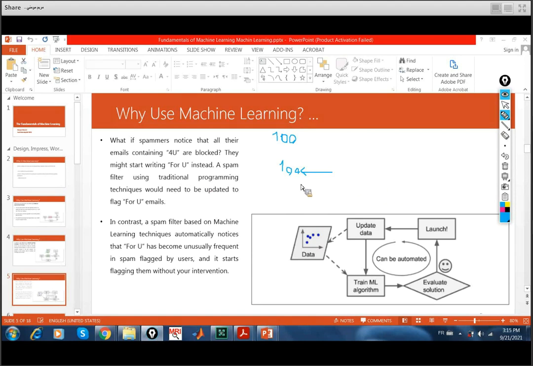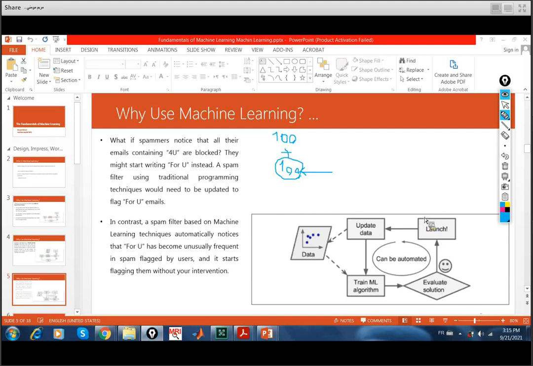In machine learning, if you have new data, you add the new data to the previous data. Because the machine learning algorithm learned and trained on the first 100 emails, we are not worried about the new ones. It is the advantage of this machine learning algorithm.